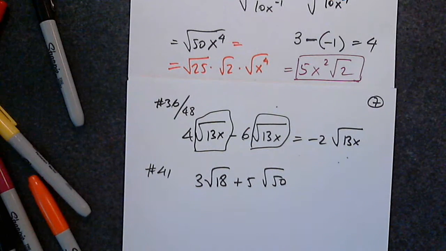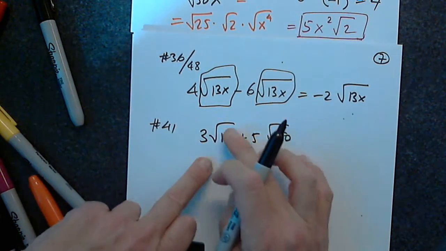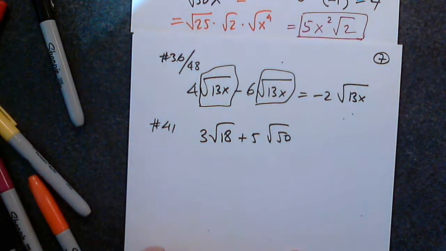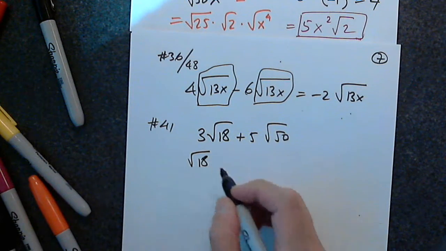So obviously we cannot, because they're not like radicals. The square root of 18 and the square root of 50 are not the same. So we have to work hard on each and every one of them and see what happens.